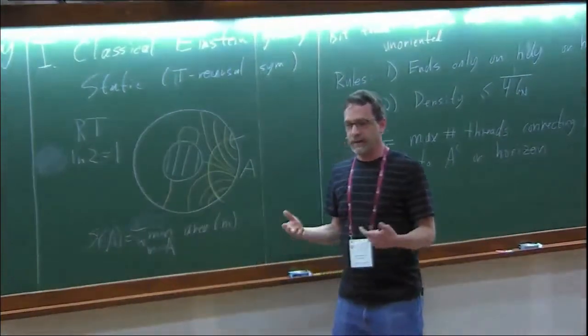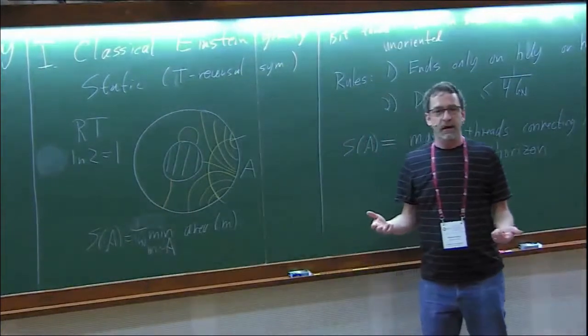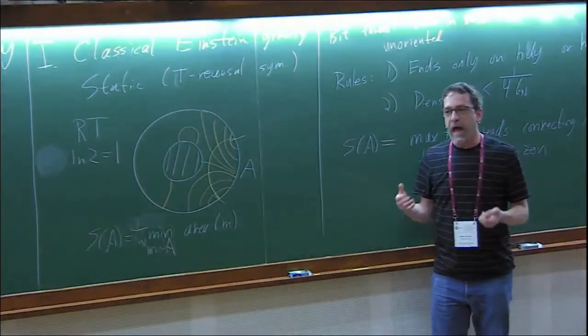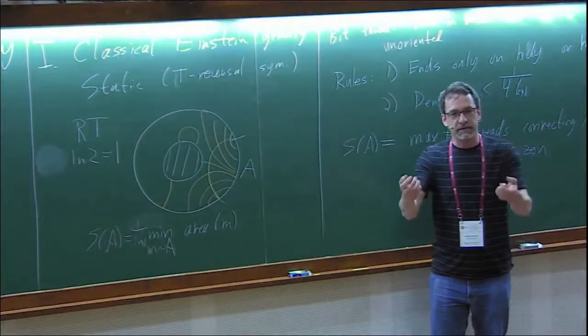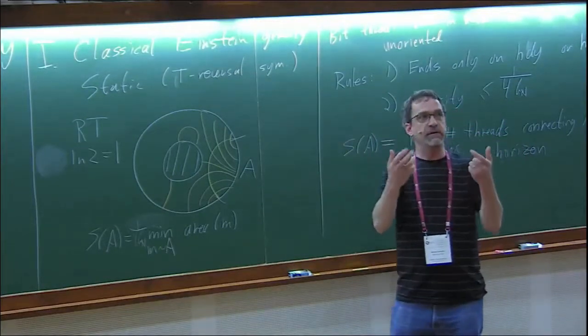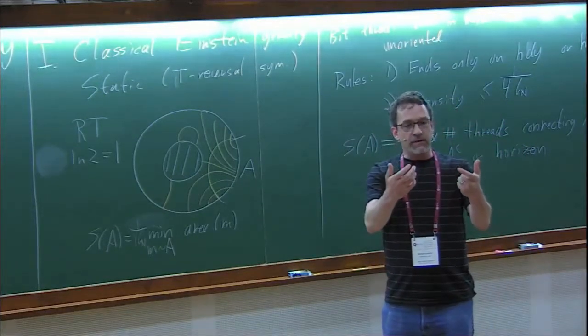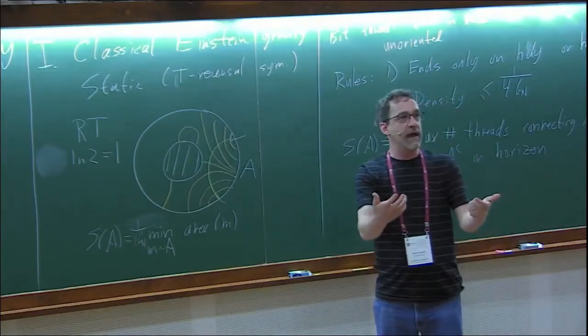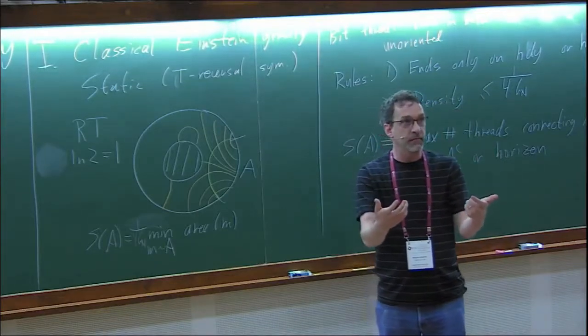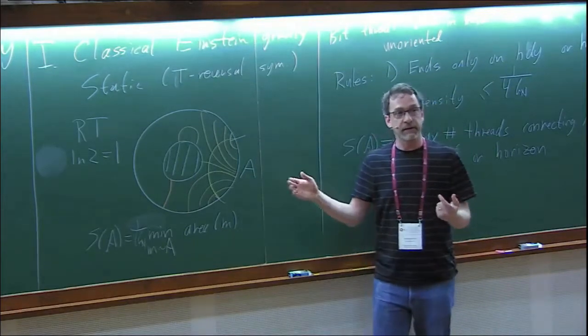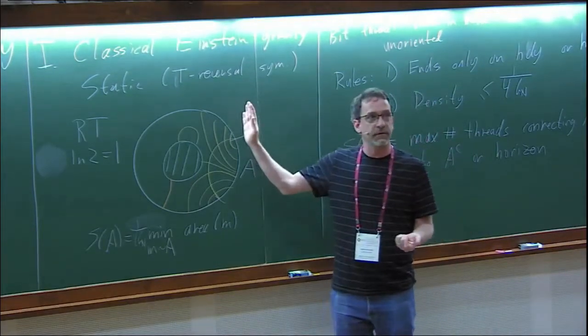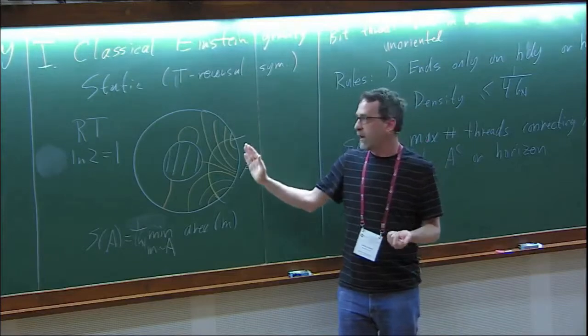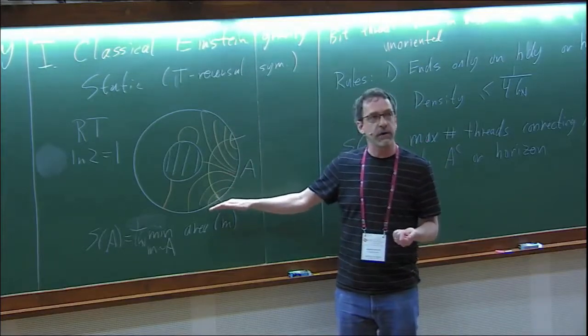Now, it's known that if you have a mixed state of a bipartite system and you ask how much entanglement there is between the two parts, that question does not have a single well-defined answer. So it's natural that there are many different ways of representing entanglement between A and its complement.